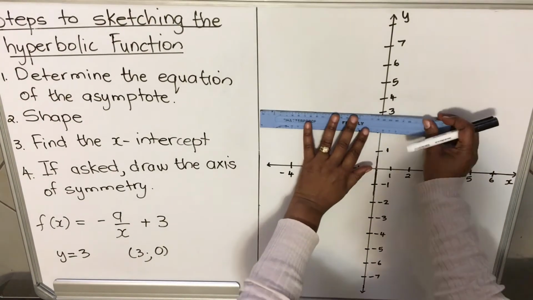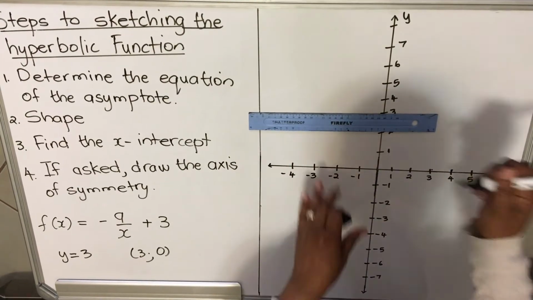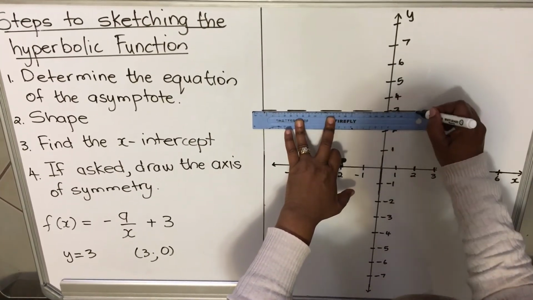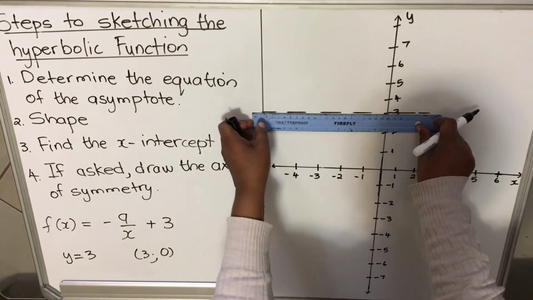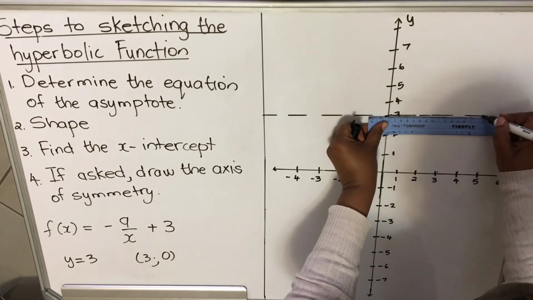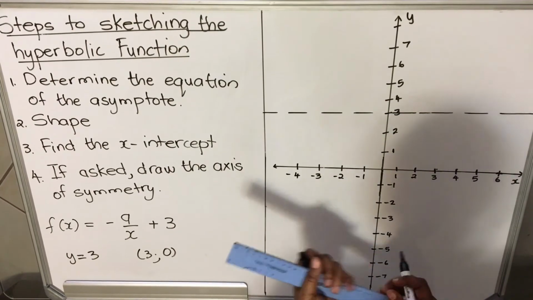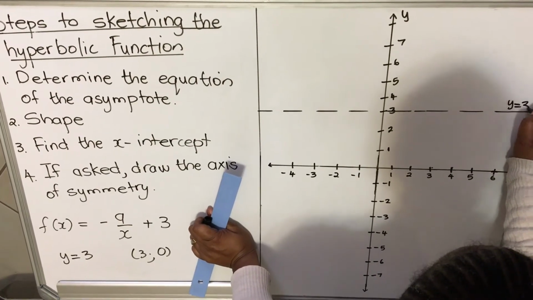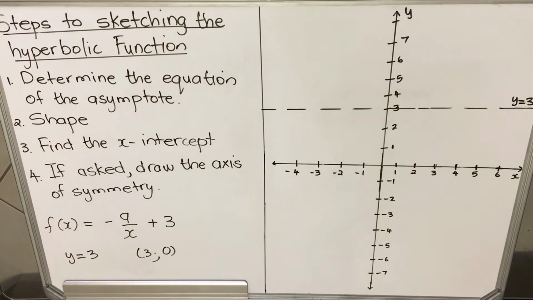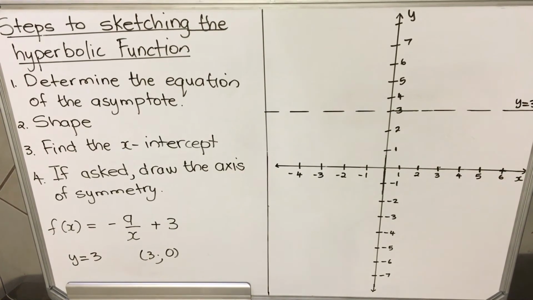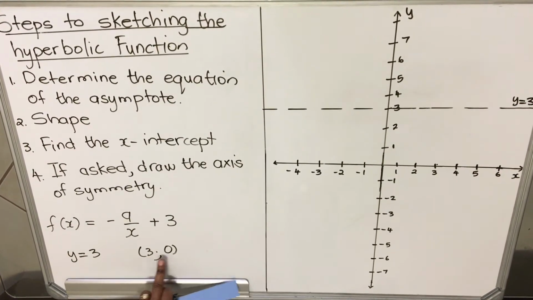So you go to y, you do a dotted line like that, that crosses at 3. And then for you to get a mark, you have to write y equals 3 on the equation.